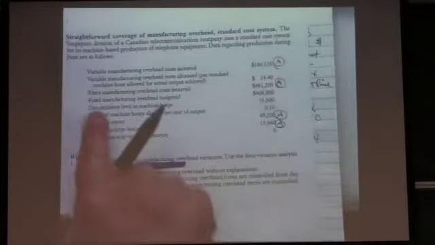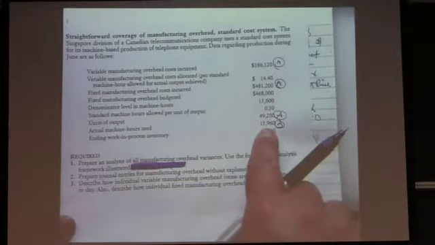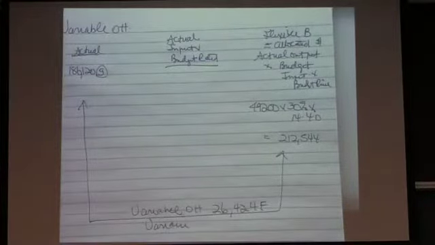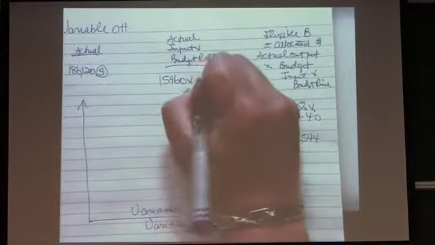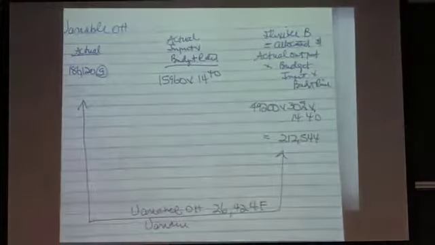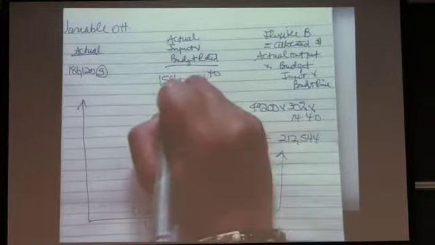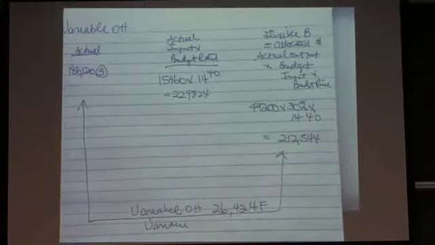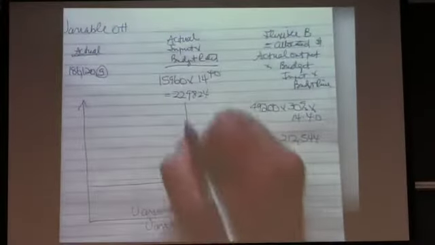Well, it's 15,960, the actual machine hours used, times the budgeted rate of 14.40. That gives me 229,824.